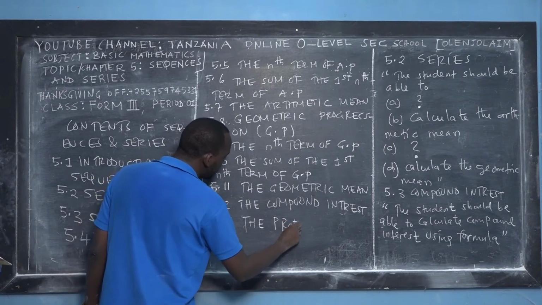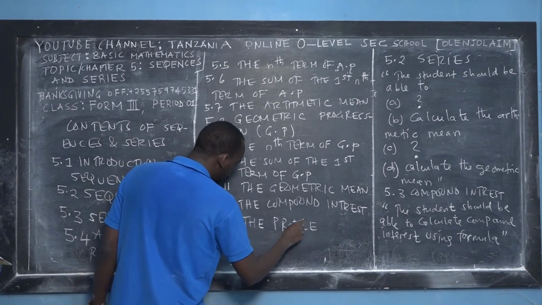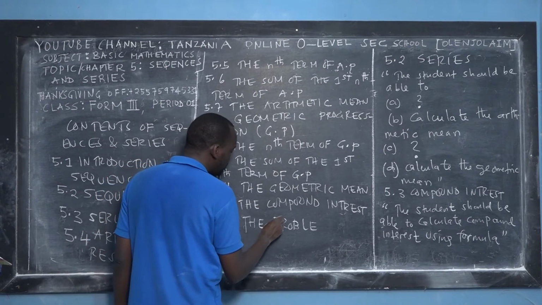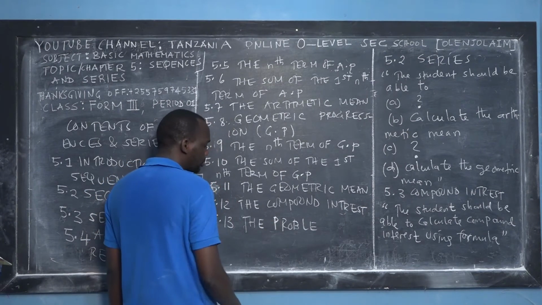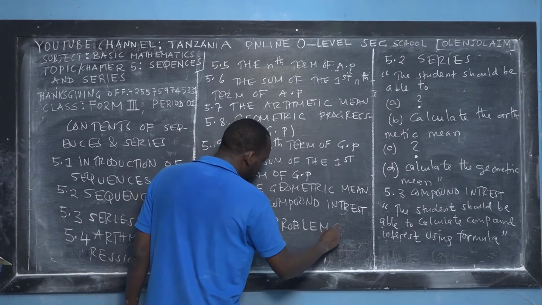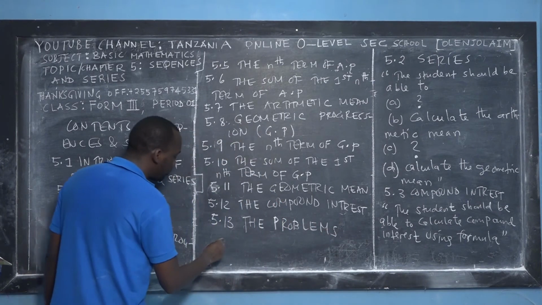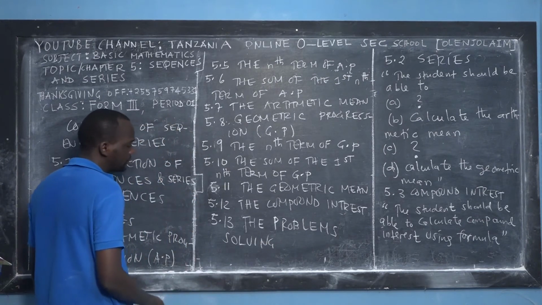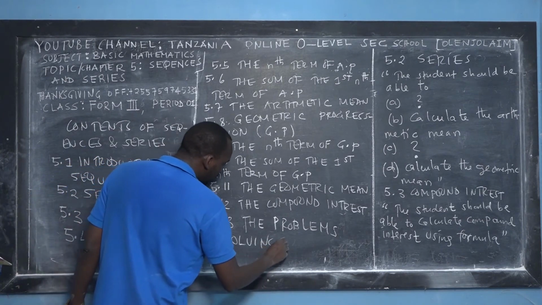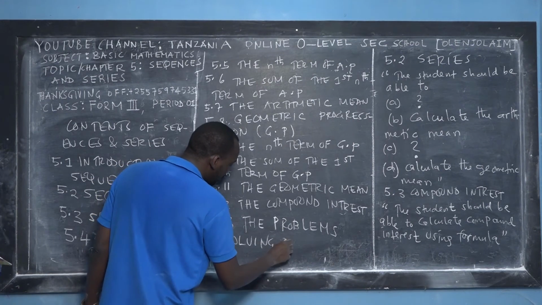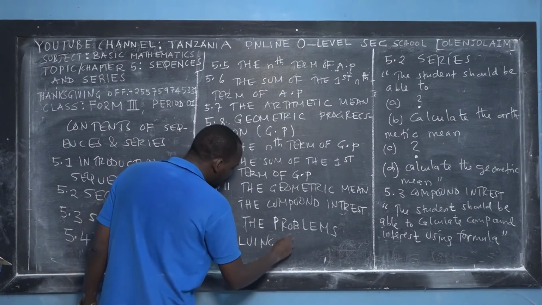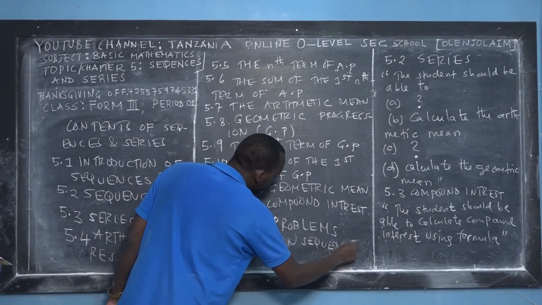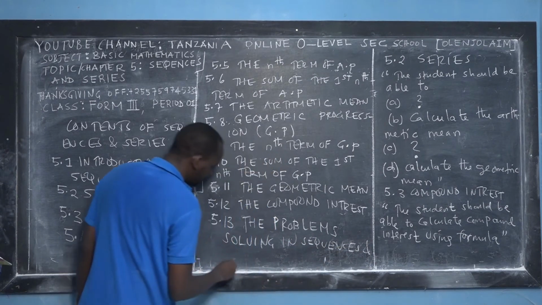So we'll be taking some questions from the reference books that I gave you, the questions and answers books that I have mentioned to you, and solve them. This we call the problem solving, and it's common in each topic that I'll be teaching you at any level. The problem solving in sequences and series.